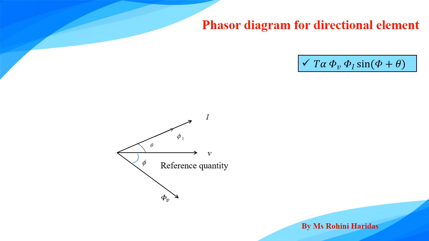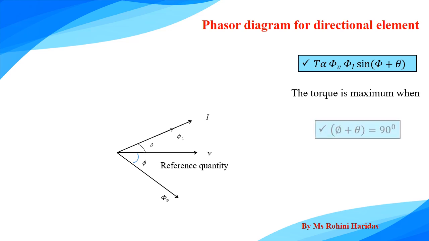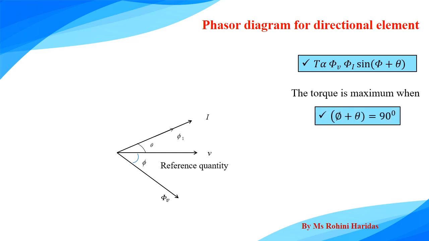Therefore, T is proportional to phi V phi I into sin(phi plus theta), where phi V is proportional to the voltage and phi I is proportional to the current. The torque is maximum when the two fluxes, that is phi V and phi I, are displaced by the angle of 90 degree. That is, when theta plus phi is equal to 90 degree.